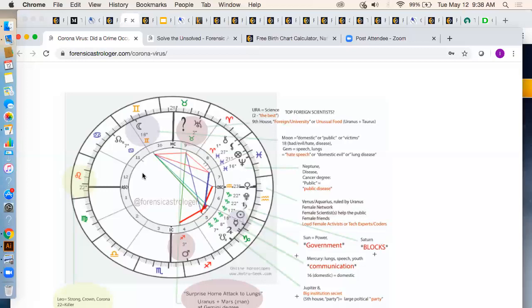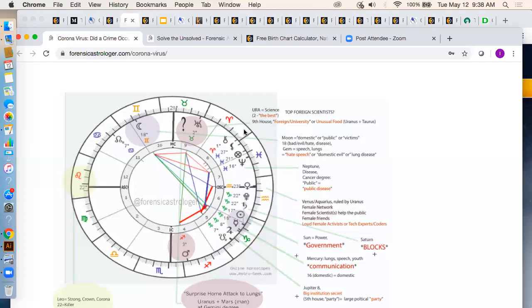So let's go over to the all-important 8th house in crime charts. You've got a lot of planets here, a lot of energy there, and of course 8th house means death. And Aries is one of the fastest signs in the zodiac, and when you see a planet in a crime chart, you'll know if it's in Aries that something happened very fast.